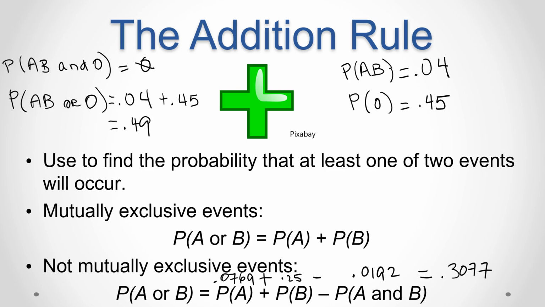So 0.0769 plus 0.25 minus 0.0192 is equal to 0.3077. What does this mean? The interpretation is there is approximately a 31% probability that we will draw a king or a diamond from a deck of 52 cards. Again, we expect that about 31 out of 100 draws, or 31% probability, to pick a king or a diamond from the deck.